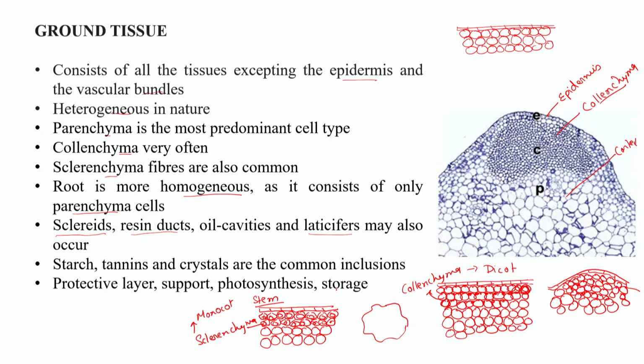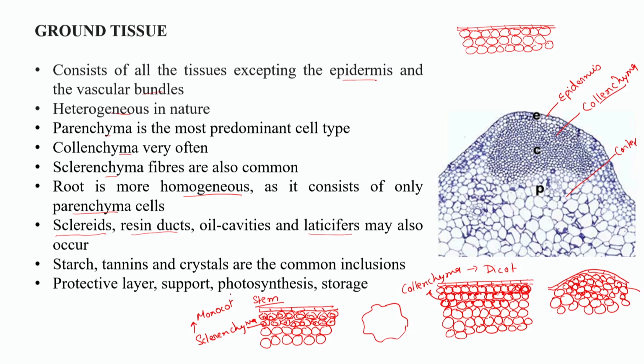The most important function is definitely as a protective layer, and it forms the main bulk of the plant part. Along with that, it stores lots of substances like tannins, then starch. If they are storing starch, many plastids could be there, then oils and crystals. They are all common substances found in ground tissue.